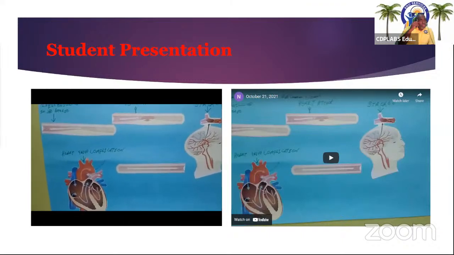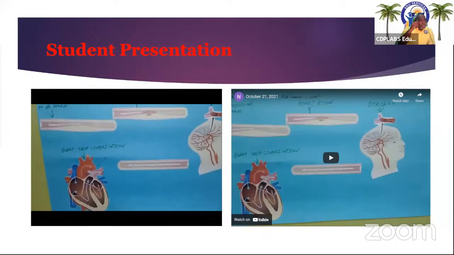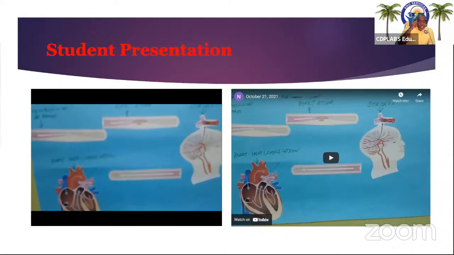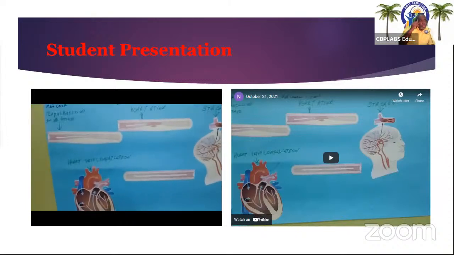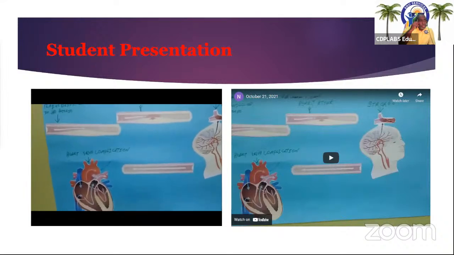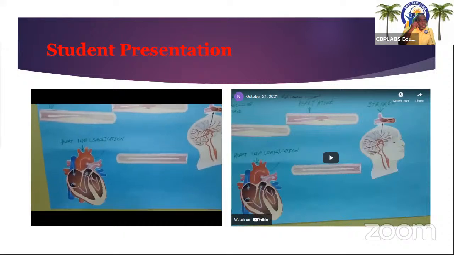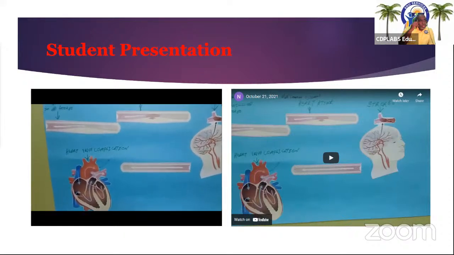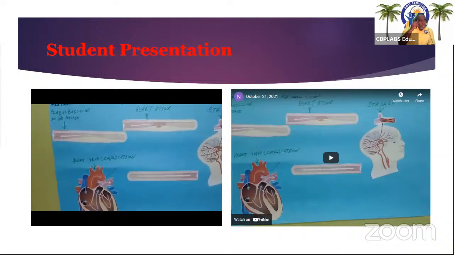Aortic stenosis is when the valve does not open properly, not fully open. So it's a bit narrowed, so that limits the blood flow. It reduces the blood flow. Then we look at this defective valve.